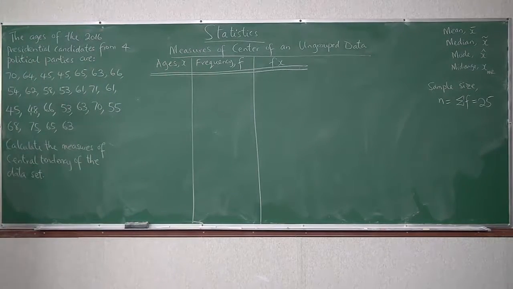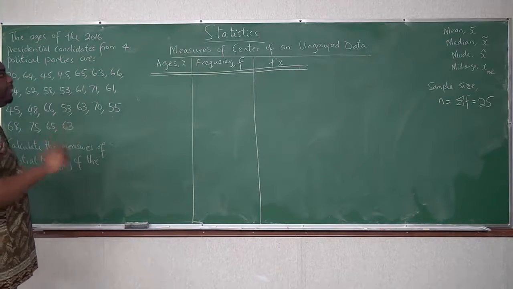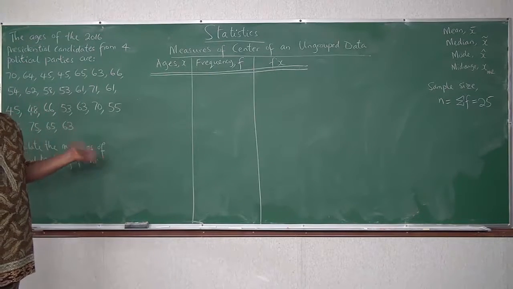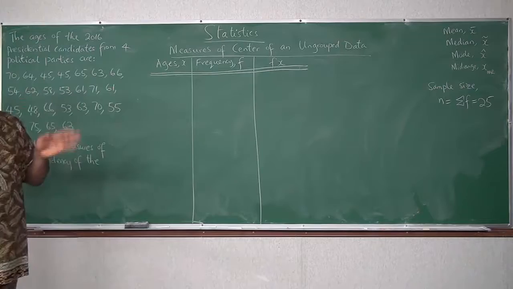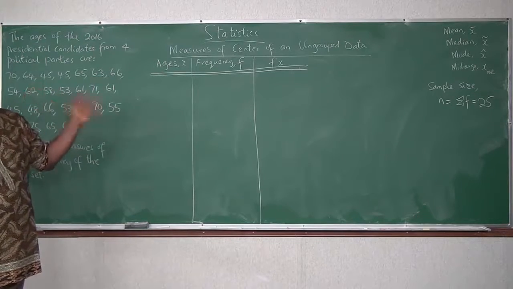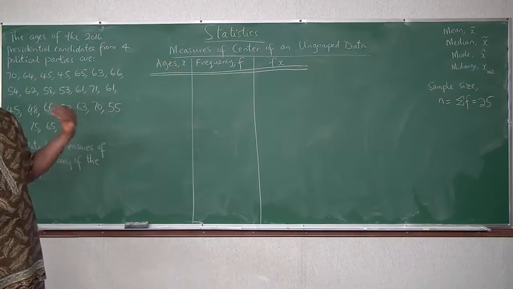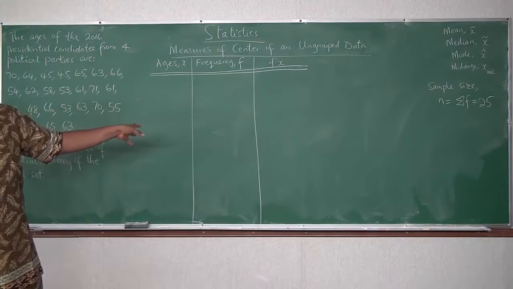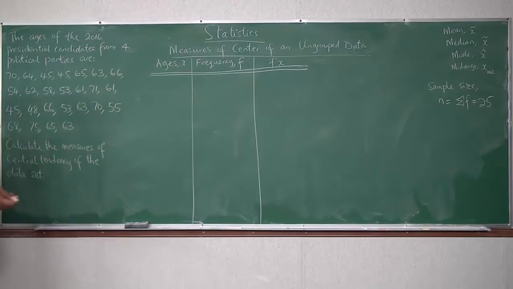So let's form a frequency table, because that is easiest to solve this. If the sample size is greater than 15, I suggest you use a frequency table.